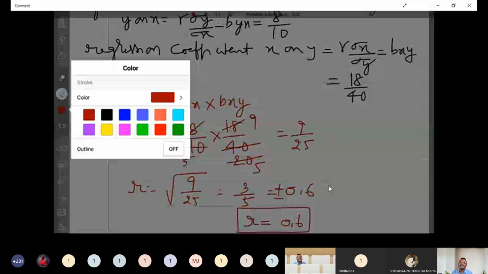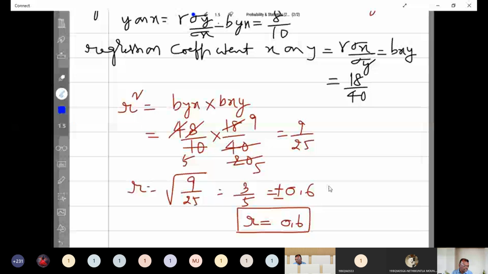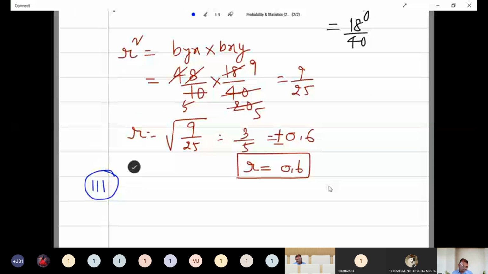Okay. Then again, we need to find out what is the third one? Standard deviation of y. Now we know that byx is equal to, what is the value of byx? 8 by 10.